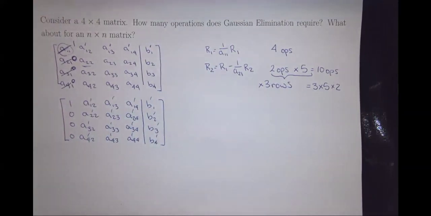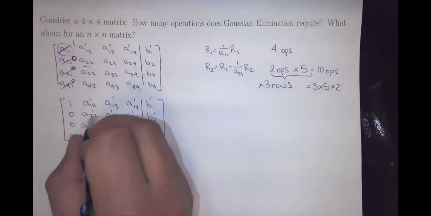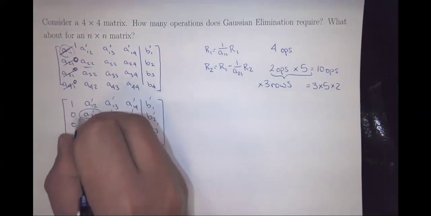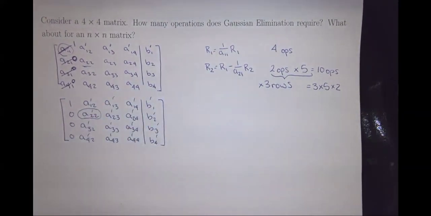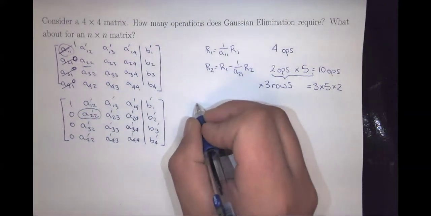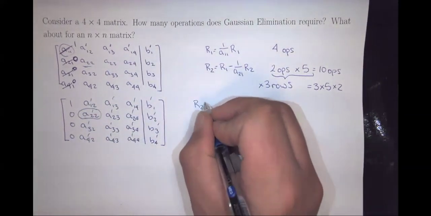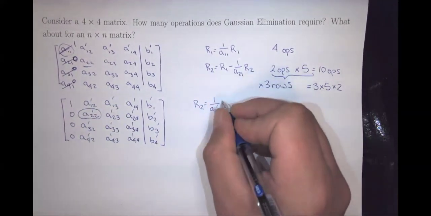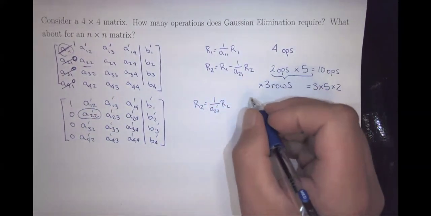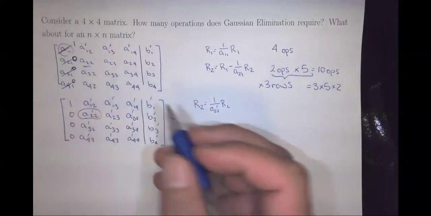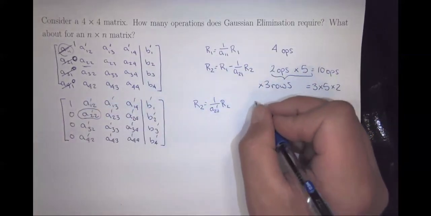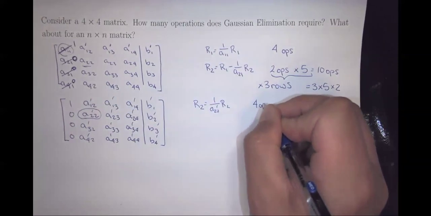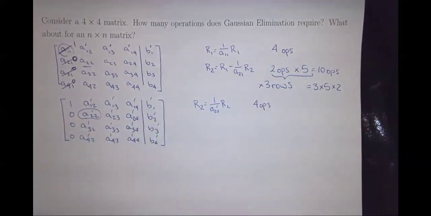But now we have to do the same thing. We have to pivot around our A22 prime. So we're going to have to take row 2 and go 1 over A22 prime times row 2. That's going to be, if we include this, it's 4 operations. We might be able to get it down to 3 operations because we don't have to go around that.